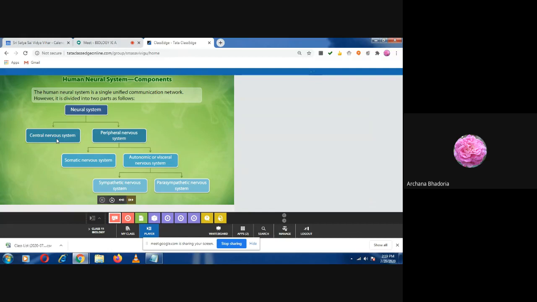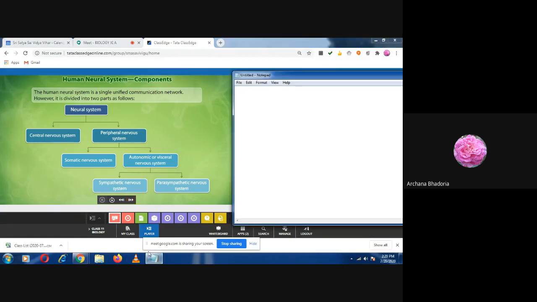We have classified the different components into two. The central nervous system, we call it CNS, and the next one is the peripheral nervous system. The central nervous system includes the brain and the spinal cord.